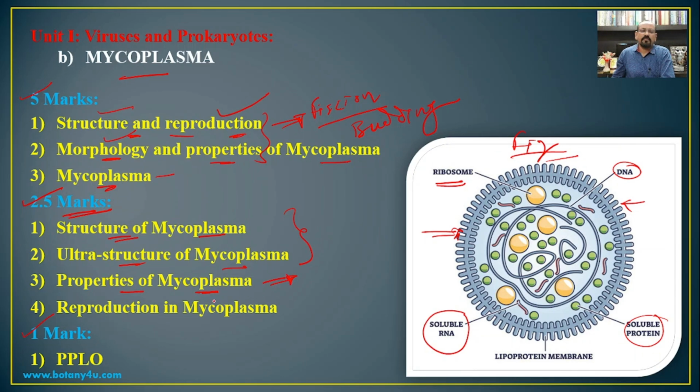Then reproduction in mycoplasma, again the same question asked for 5 marks: reproduction is carried out by means of binary fission as well as budding. And the most common question asked on the mycoplasma for 1 mark in different question papers by the university is PPLO, Pleuropneumonia-like organisms.